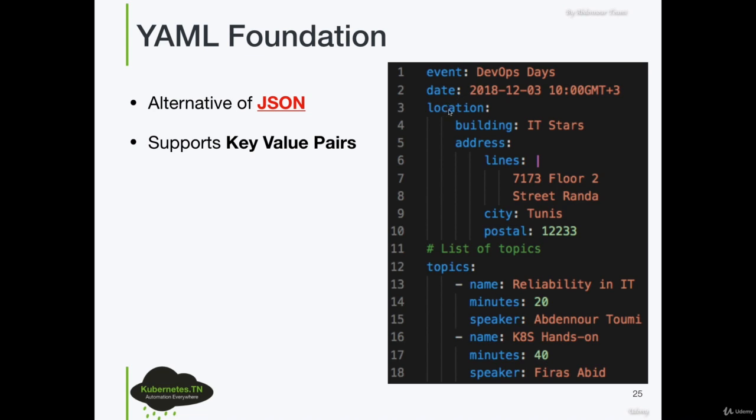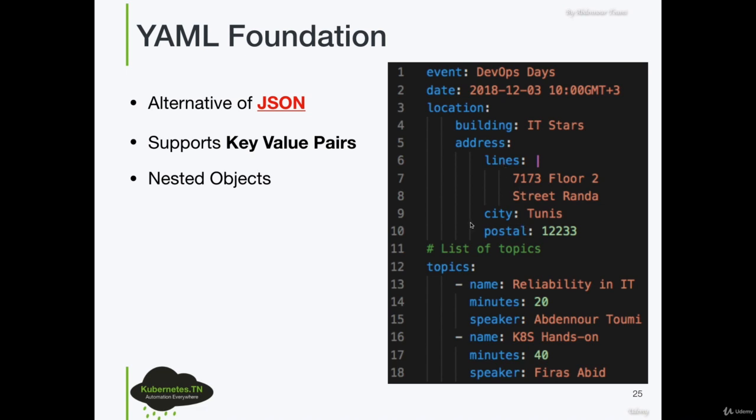However, the value can also be a nested object like line 3, where the key is location. The value is the whole block from line 4 to line 10. The address again is another nested object, including lines, city, and postal keys.